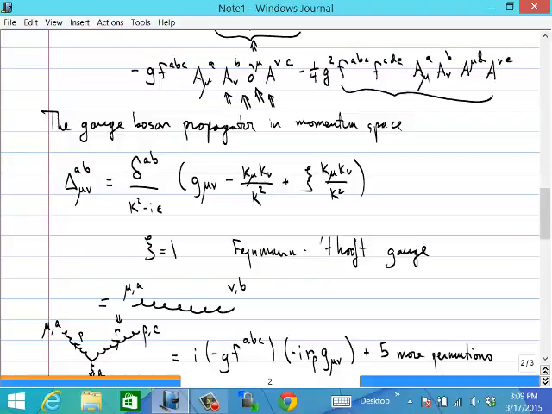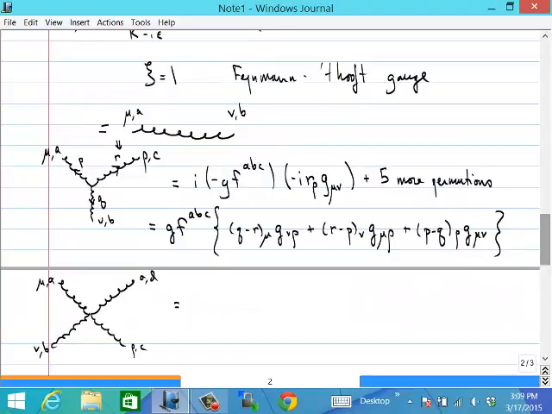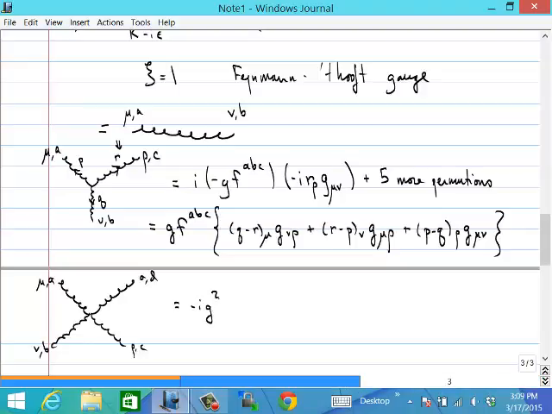So you have an F^{AB} here. I'm going to write it a little bit differently because I called my free indices A, B, C, D here, whereas above I'd summed over C, so C was my dummy index. So you get a factor of i and a g squared. I'll write this as F^{ABE} F^{CDE}.